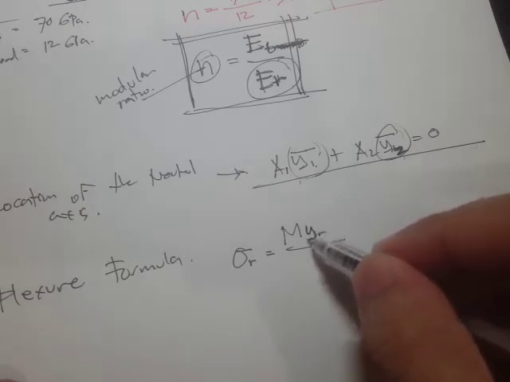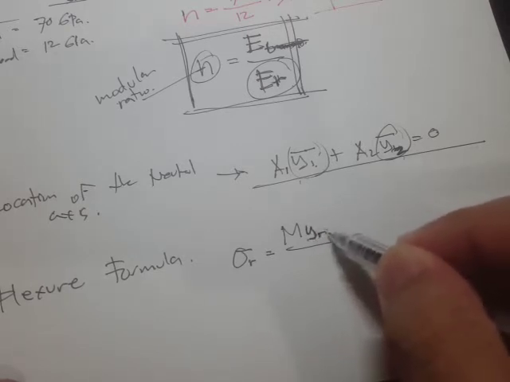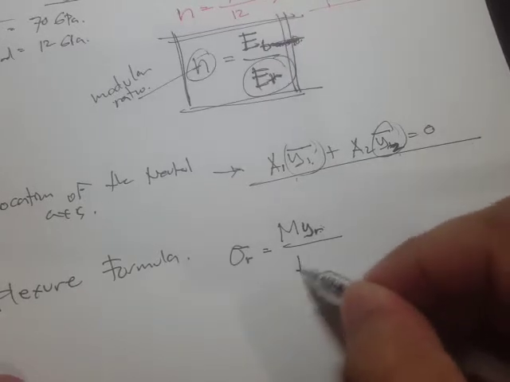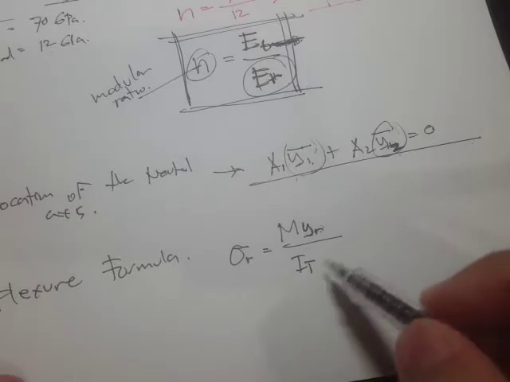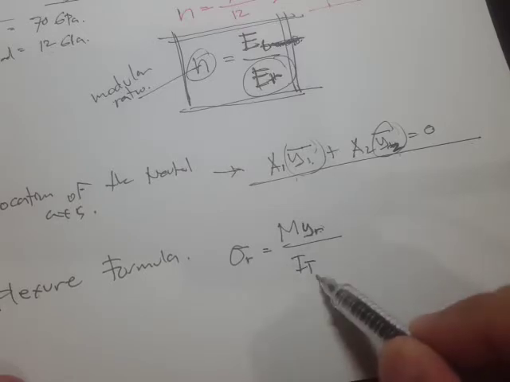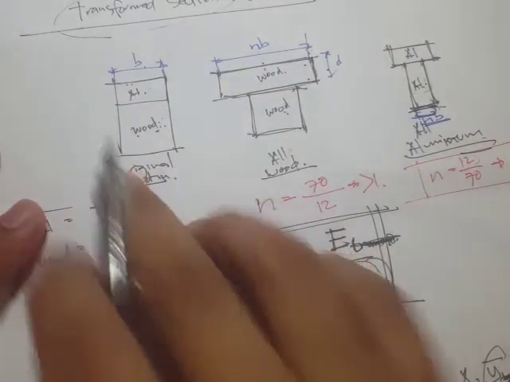So this is the distance, of course, of the reference material, divided by the moment of inertia, and this moment of inertia is the total moment of inertia of the section.